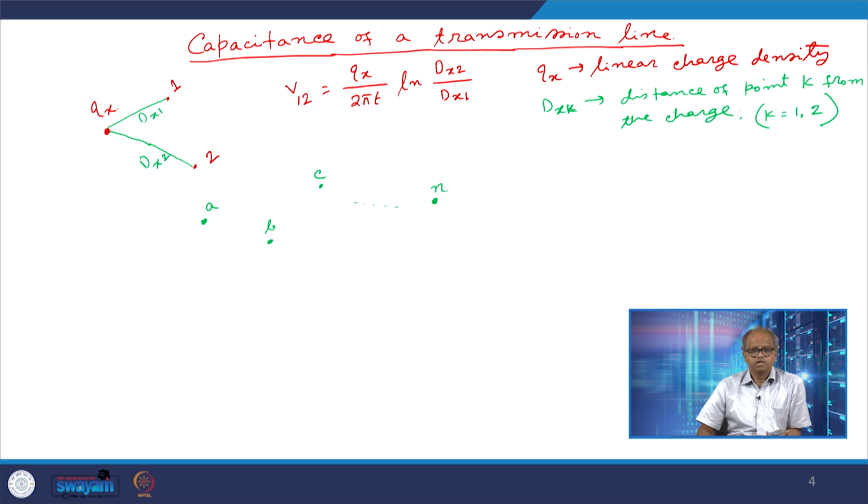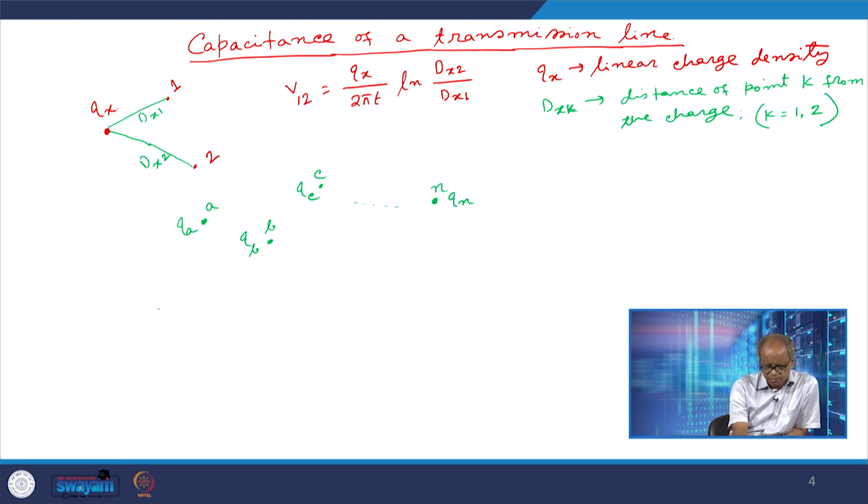So these are essentially conductors. So all of them have got some linear charge density. So this conductor A has got a linear charge density QA. This conductor has got a linear charge density QB. This has got QC. This has got Qn.